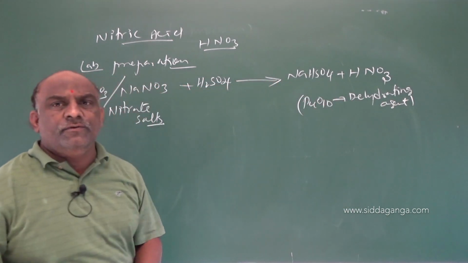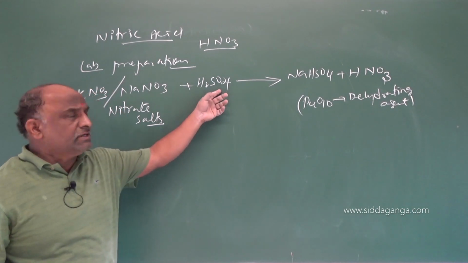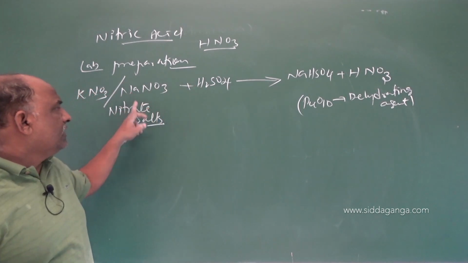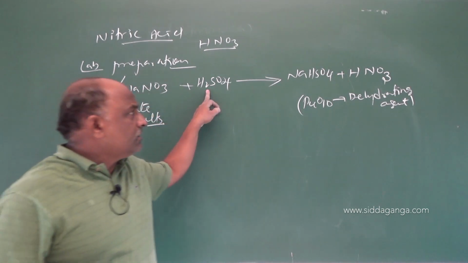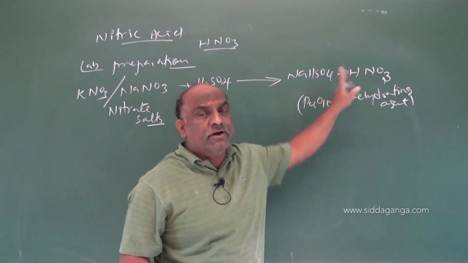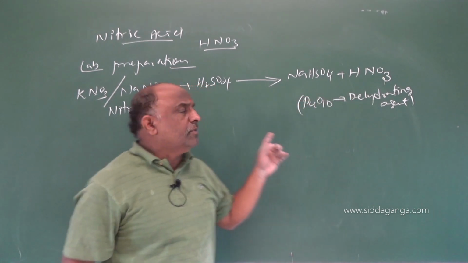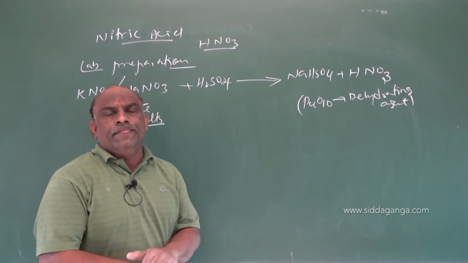So one is the nitrate salts, sodium nitrate or potassium nitrate, treated with concentrated sulfuric acid, giving sodium hydrogen sulfate and the formation of nitric acid. This is a simple preparation which can be used in the laboratory.